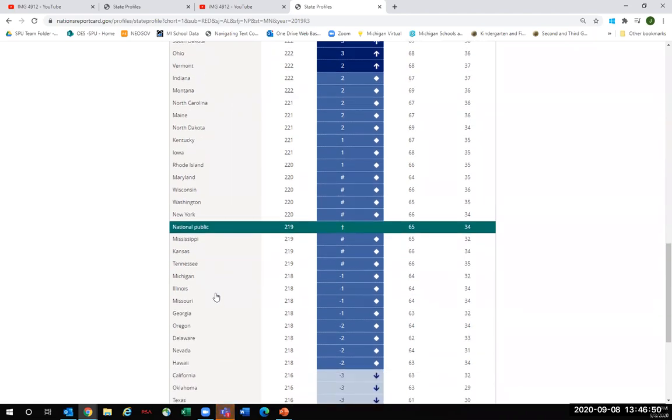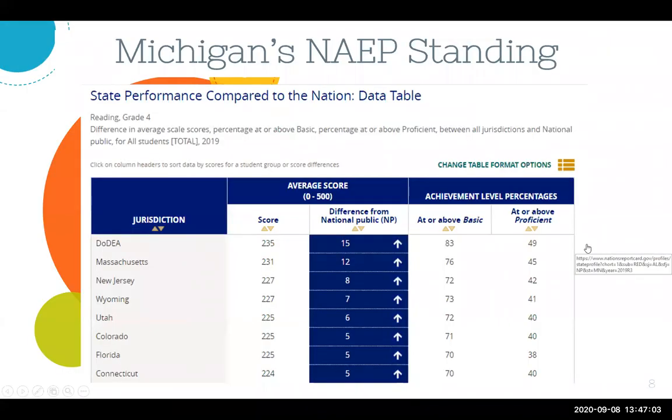And below the national public, you'll find Michigan here with our average scale score of 218. As we mentioned, our strategic plan outlines a path to becoming a top 10 state and improving early literacy outcomes for our students. That is a pivotal way to help us reach that goal.